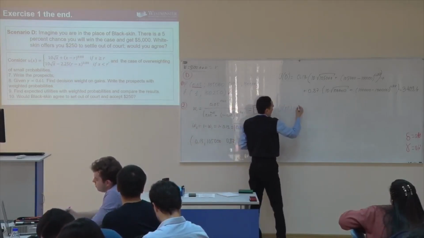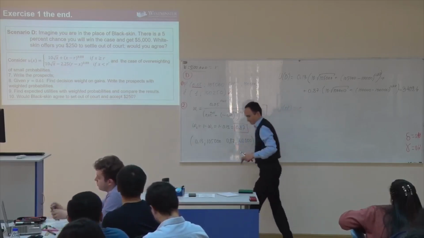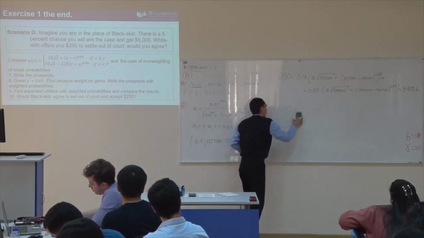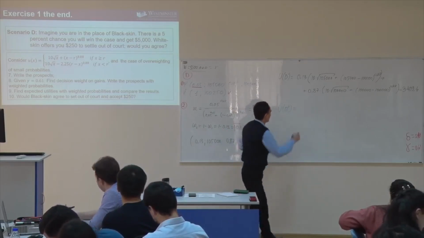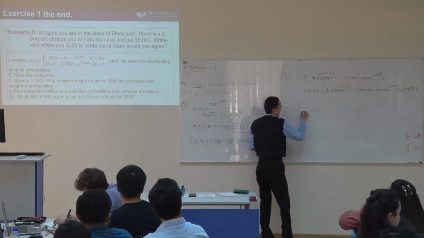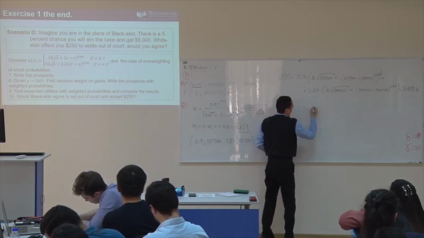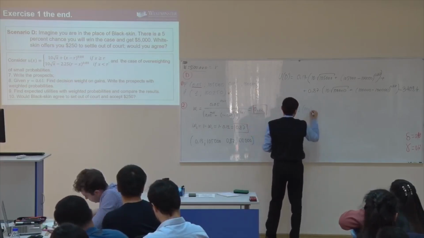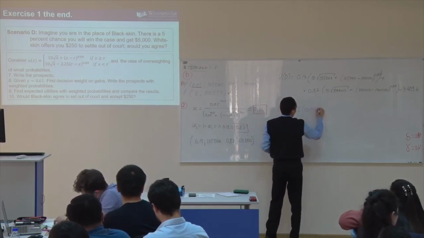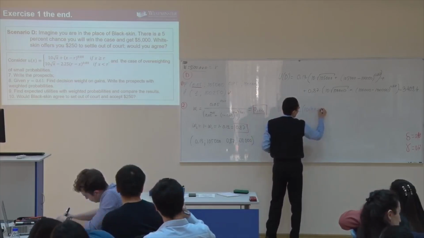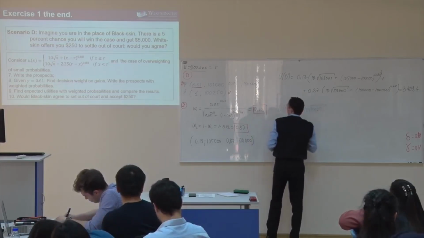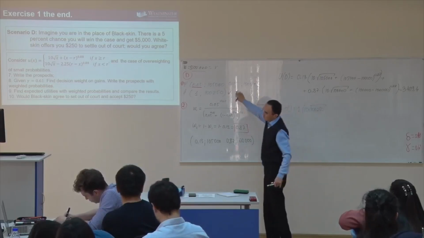So now it's equal, there is 100% probability times 10 in the power of, final wealth is 100,250. Which formula should we use?